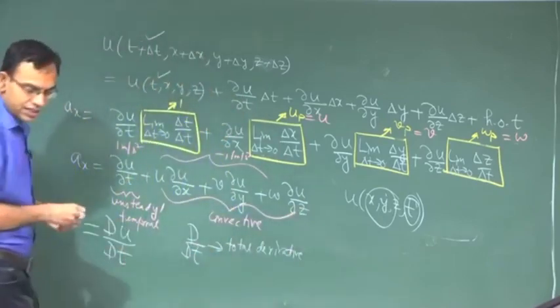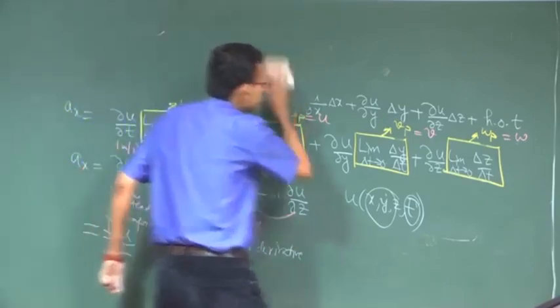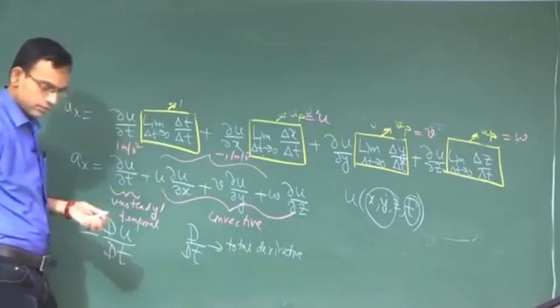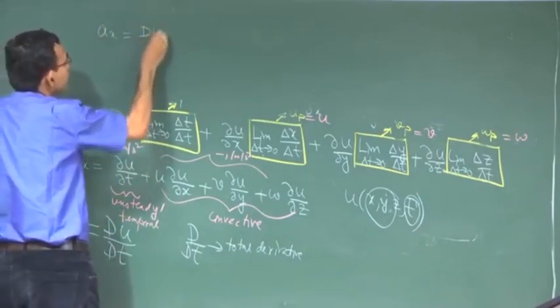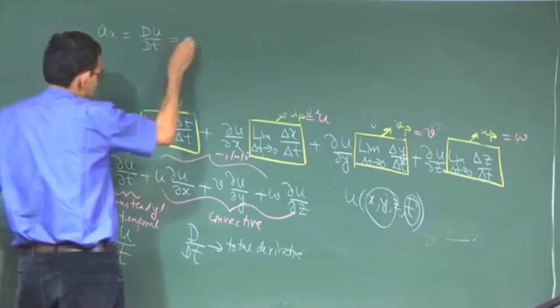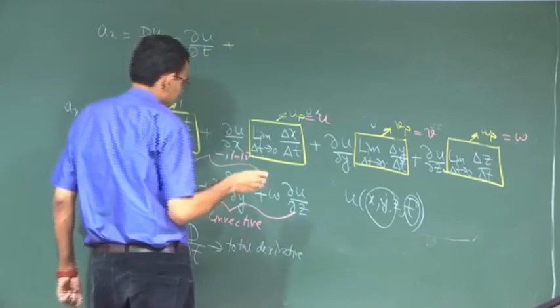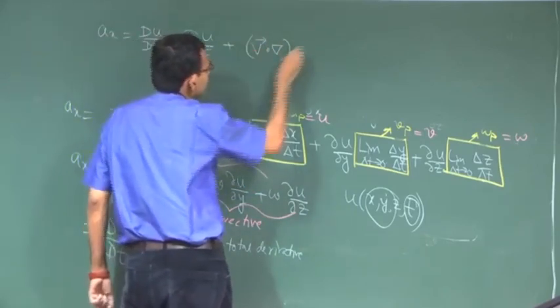So, acceleration along x is Du Dt in a vector calculus notation.